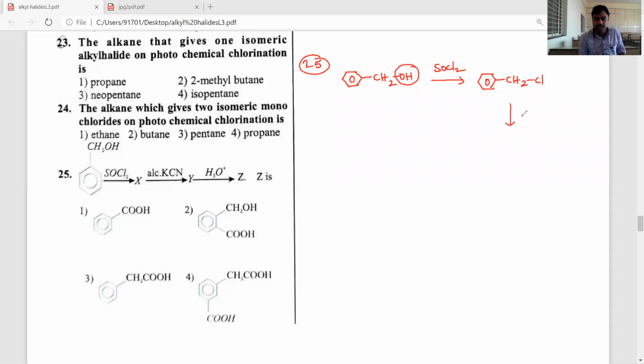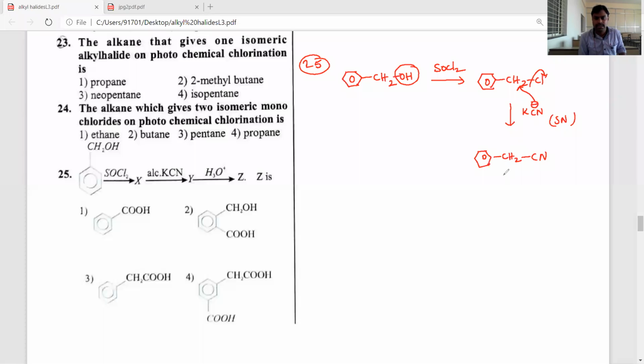Now the next step: it reacts with KCN, potassium cyanide. CN minus will attack at this carbon and Cl minus will come outside. So it is a nucleophilic substitution reaction. Now the product is C6H5CH2CN.